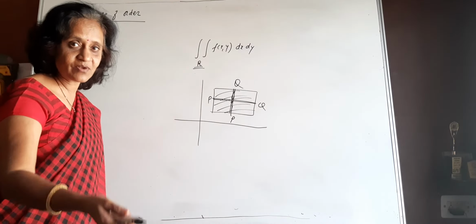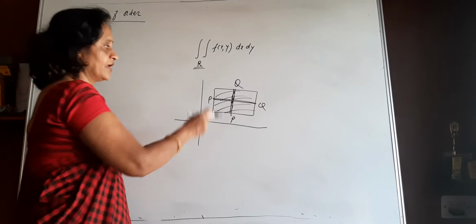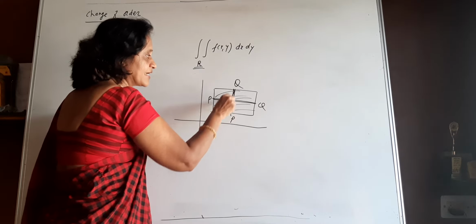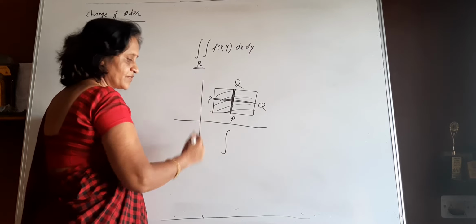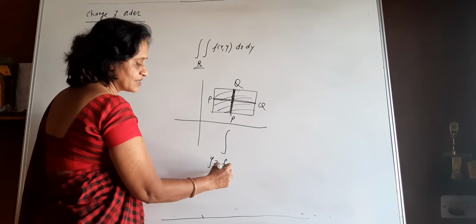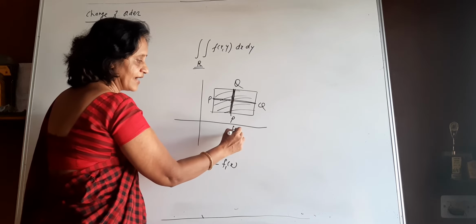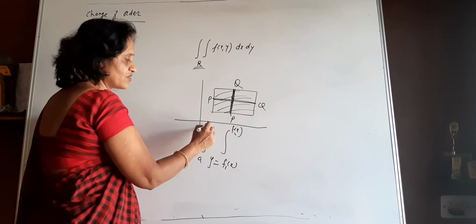I hope you remember all this, because we have to apply the same here in change of order. When we took a vertical strip, we got inner limits of y, which were in terms of x, and outer limits of x, which are constants.